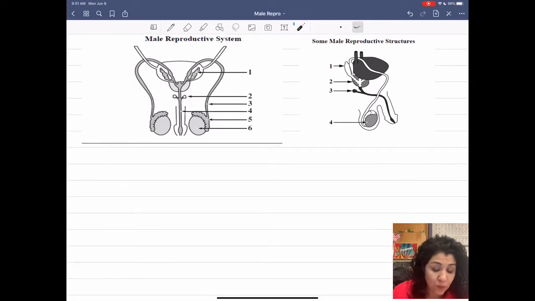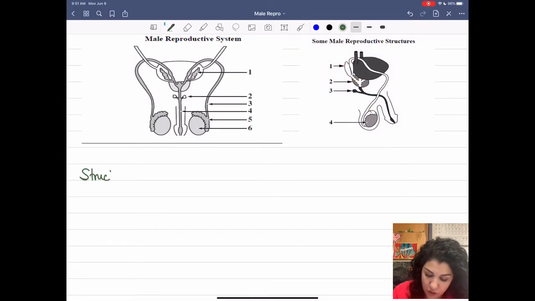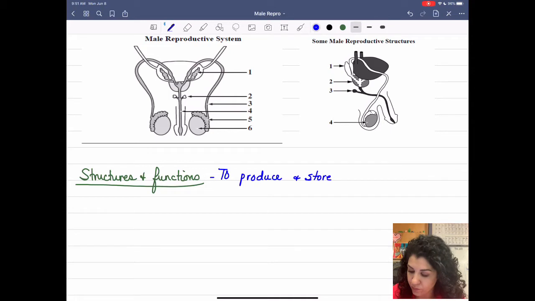Okay, so first of all, just generally, what are the functions? So we're going to look at the structures and functions of the male reproductive system. And the function of the male reproductive system is to produce. So it's made up of a series of structures whose job is to produce and store very large amounts of sperm.